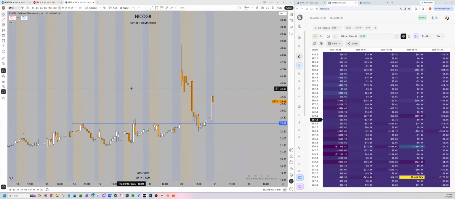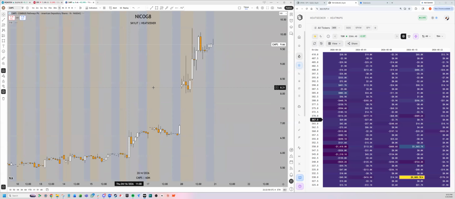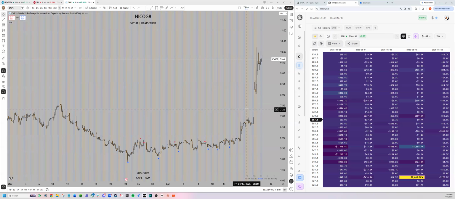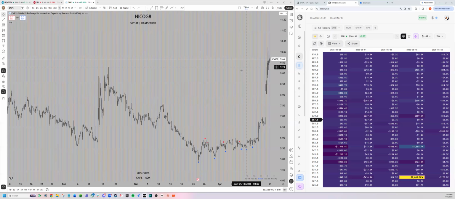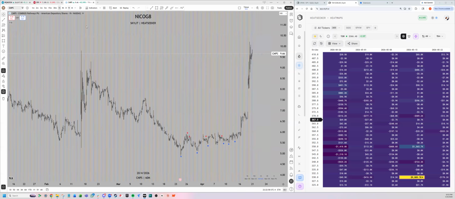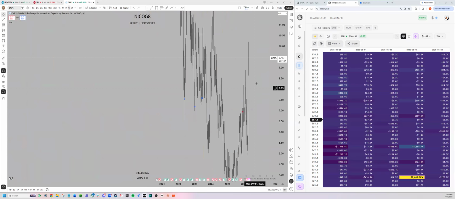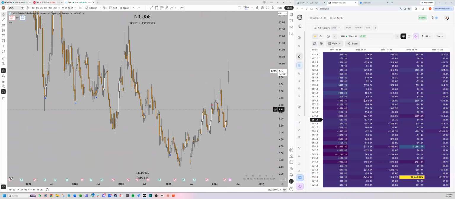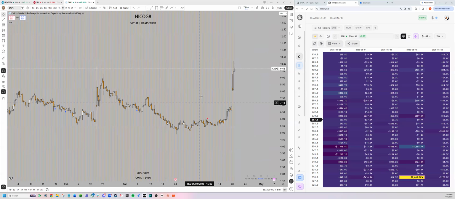DFTX. Yeah, CMPS. I think y'all are playing more continuation plays. That's what it looks like. This thing just broke out massive. I don't know, I wouldn't really trade this.